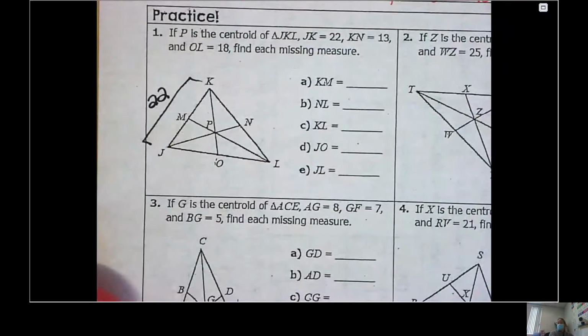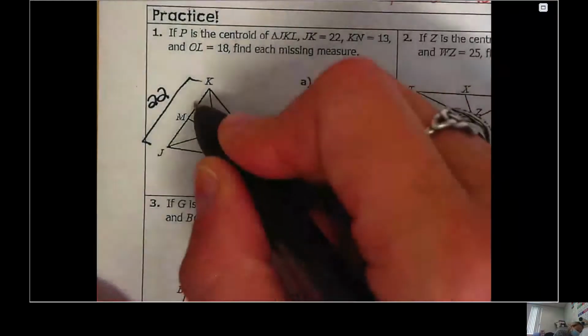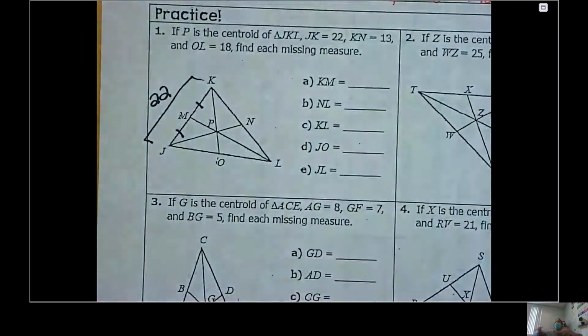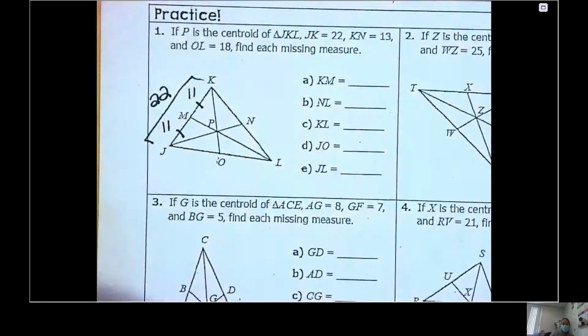They're equal. They're the same. So this piece KM is the same as this piece MJ. Well, if the whole thing is 22, what would each piece be? 11, right? 11 plus 11 gives me 22. So this piece is 11. This piece is 11.